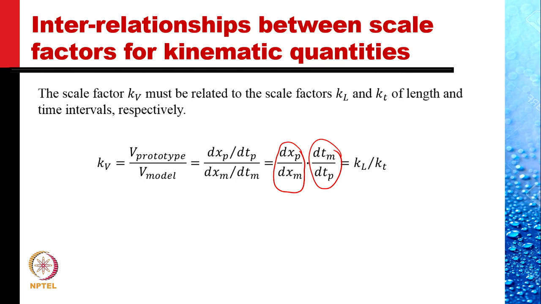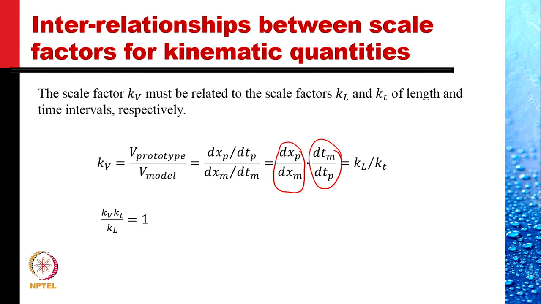Time scale factor Kt is defined as Tp divided by Tm, time in the prototype divided by time in the model. So that we obtain the relation Kv is equal to Kl over Kt. These three scale factors are not independent of one another.